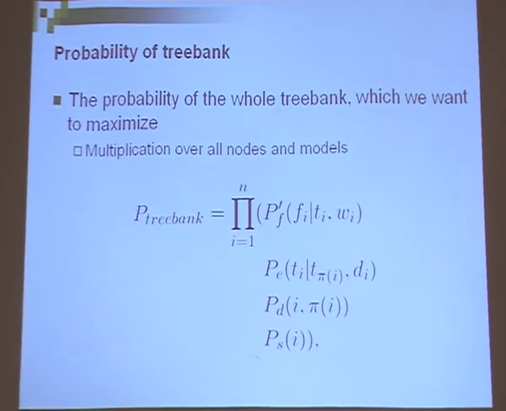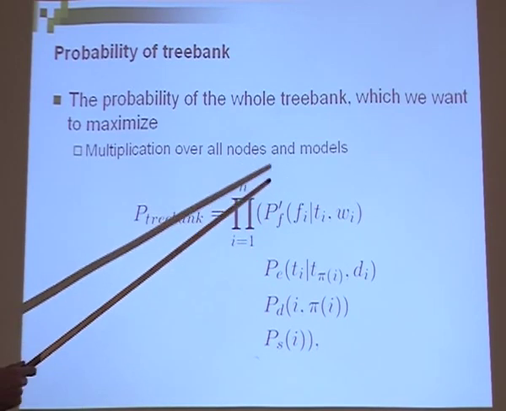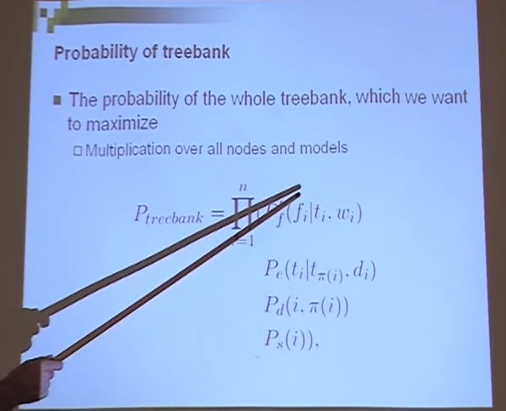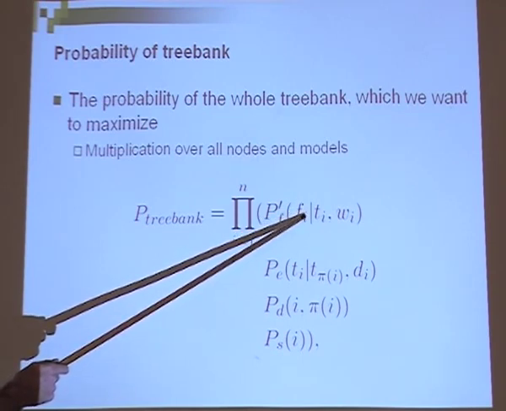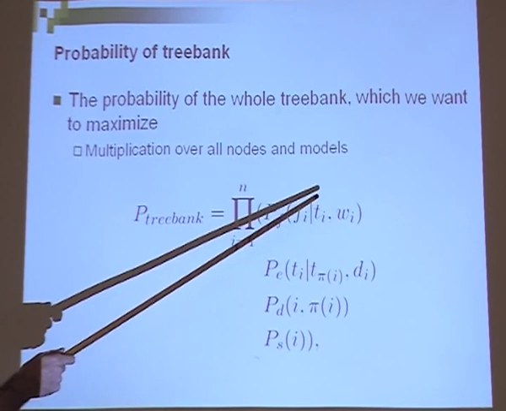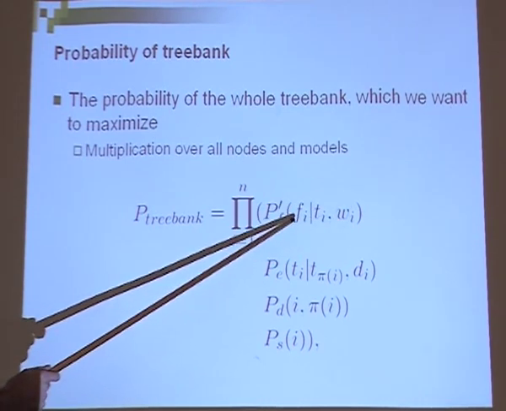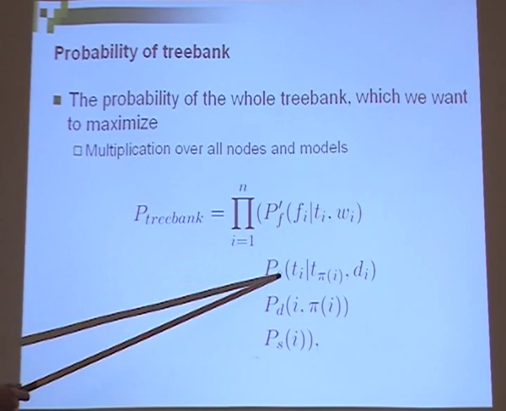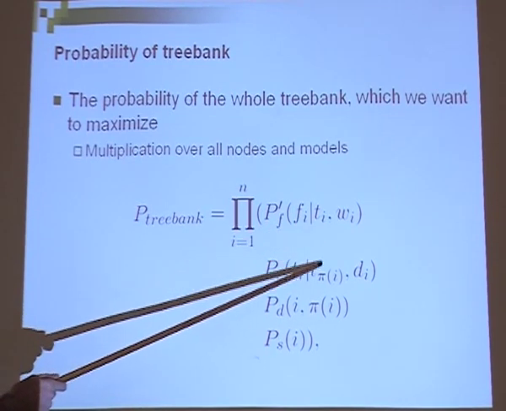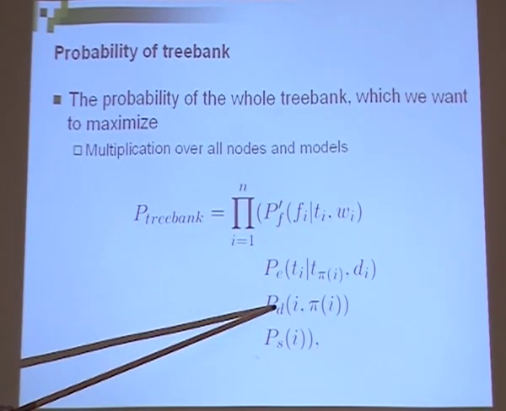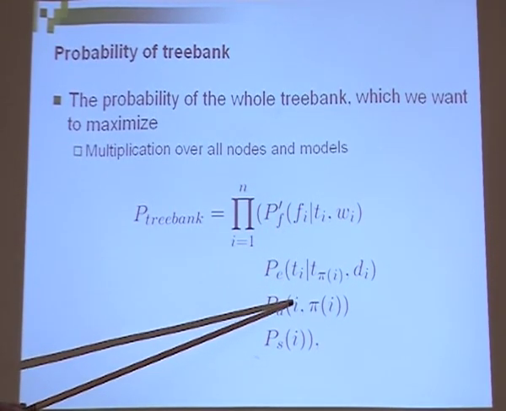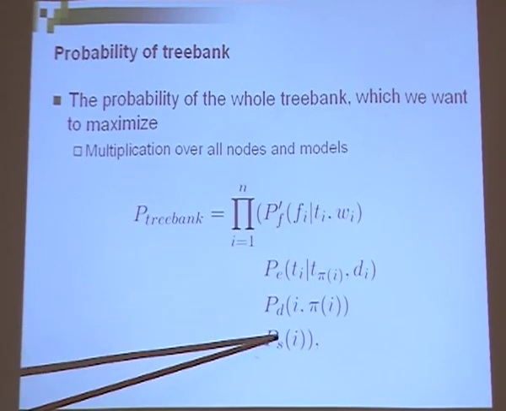We go through all nodes or all words in the treebank, and this is the probability of fertility of the particular node, times the probability of the edge between this node and its parent, the parent and direction, times the probability of distance between this node and its parent, times the probability of the subtree of this node.